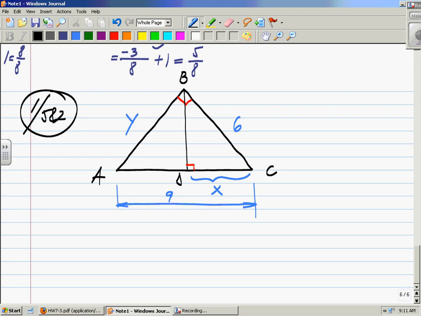And if you cannot recall them, at least you can try to find similarity statements here. So which triangle would you like to start with? Or what will be the first step? Which one of the two variables can you find right away without actually using any similarity statement?